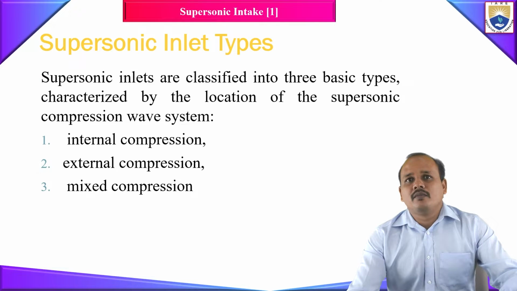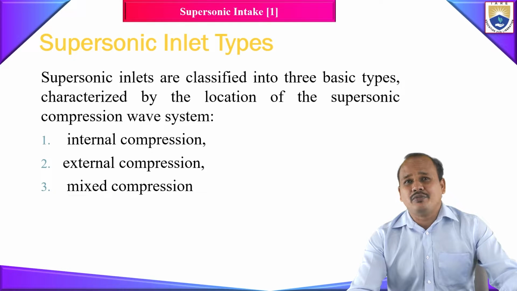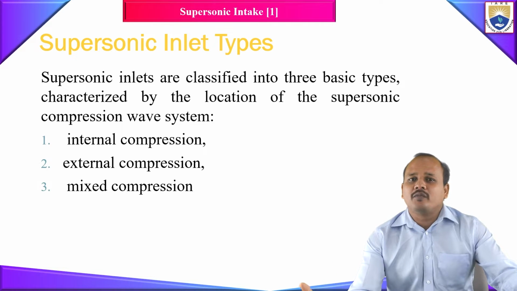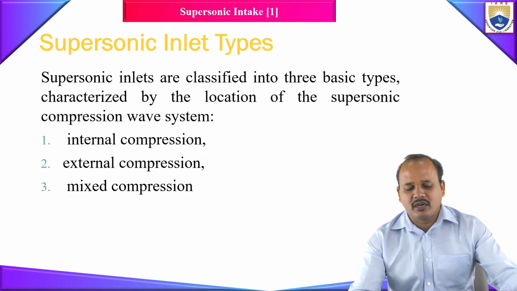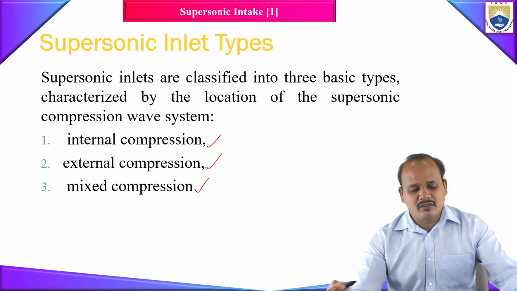Before seeing this, let us see the different types of supersonic intake. Based on where exactly the compression or deceleration process occurs in an intake, we have three types of supersonic intake: internal compression, external compression, and mixed compression.